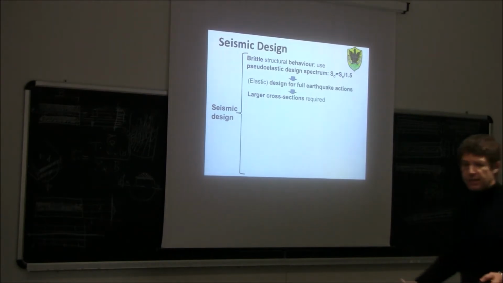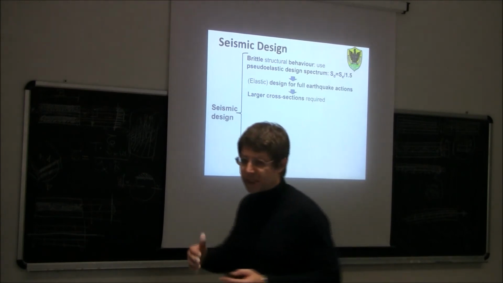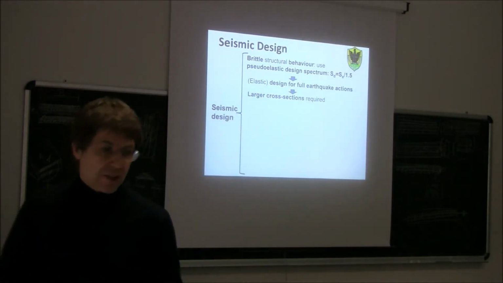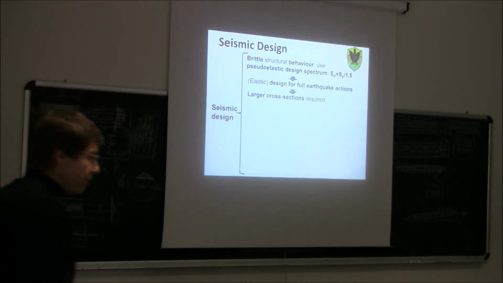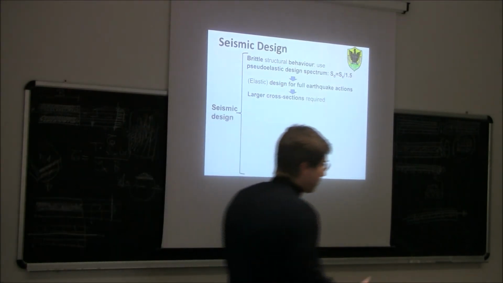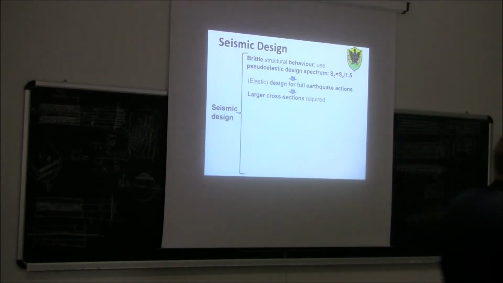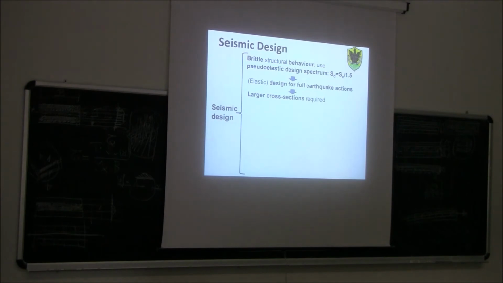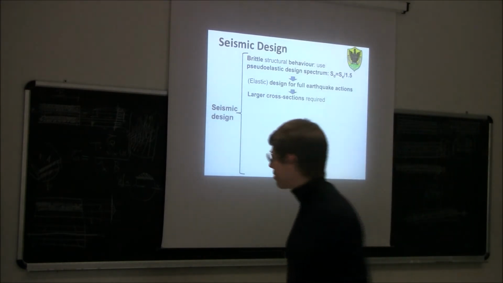This 1.5 takes into consideration that we always have some additional margin of safety and strength due to all these safety factors and so on. Of course, in this case, I am going to design for the full earthquake action, and I will end up with larger cross sections, because I'm not taking into consideration any possibility of the structure to dissipate energy.